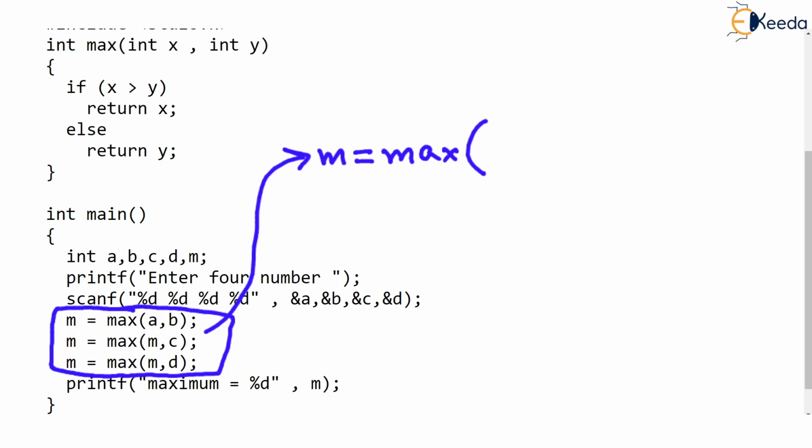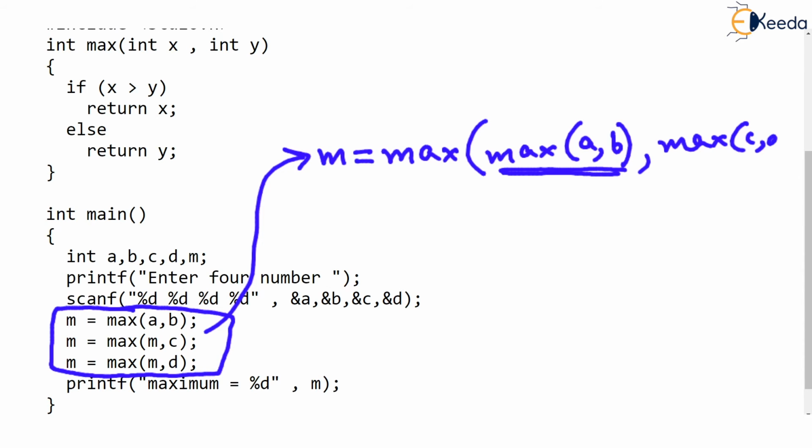But inside this, we will again call max(a, b). Check that this is a legal call. Max(a, b), we are passing only two values. Then comma max(c, d). This is also a legal call. And now there is an outer bracket pending over here, which I will close. Semicolon. Even this is going to do the same work.